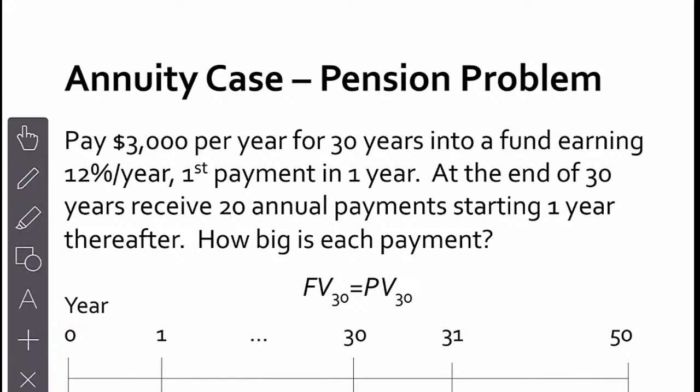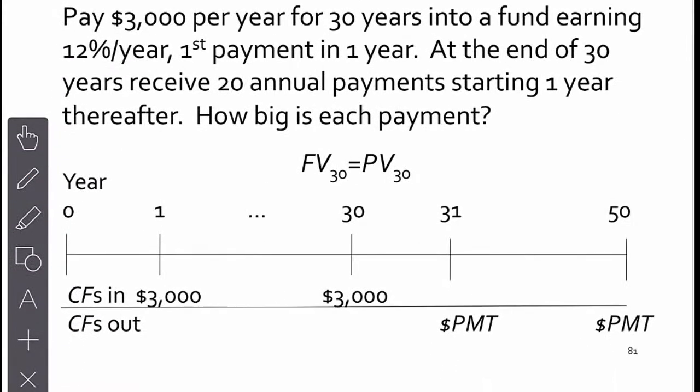So here is the pension problem. Paying $3,000 per year for 30 years into a fund, earning 12% per year. The first payment is in 1 year. Okay, so payments are yearly. You're going to be paying $3,000 into a fund that's going to accumulate, and the rate is 12%.